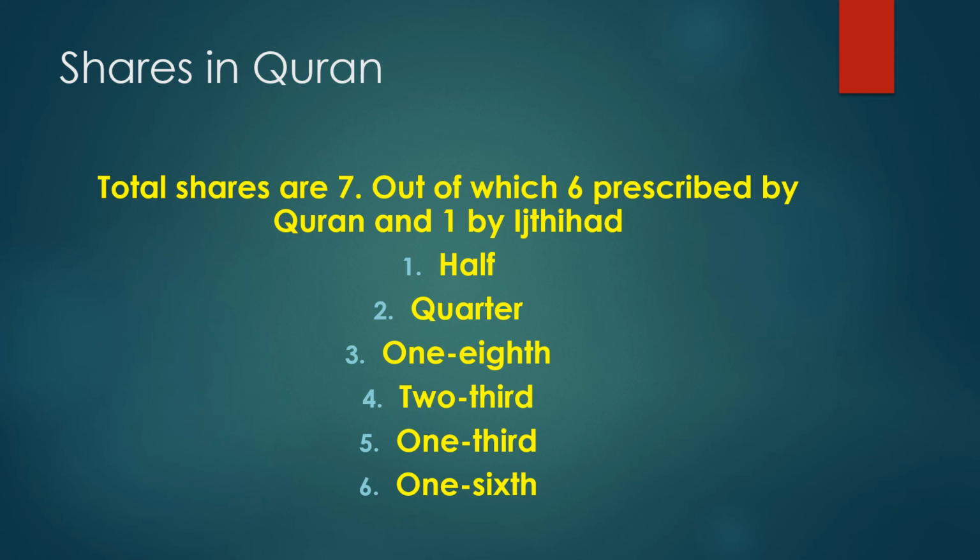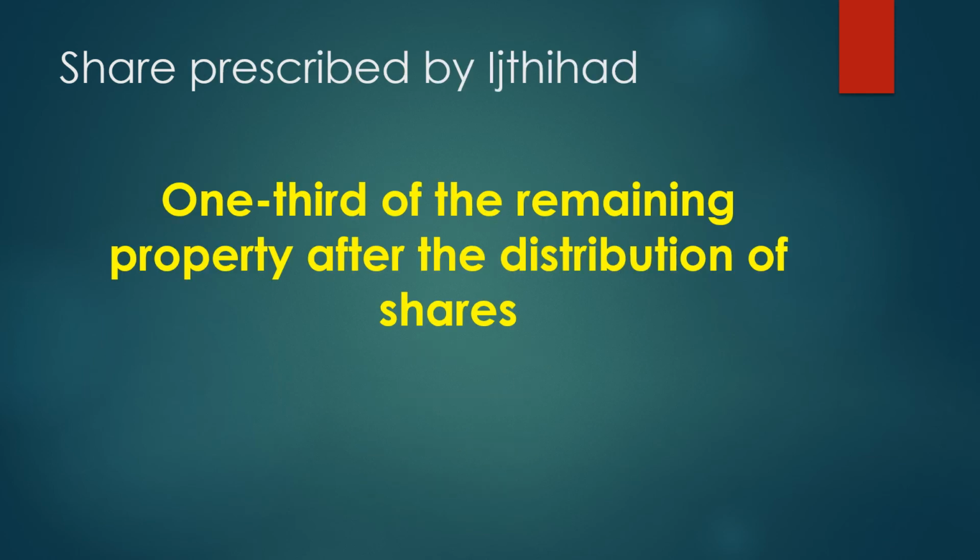These are the 6 shares prescribed in the Quran. The one prescribed by Ijtihad, in Arabic Thuluthul Baqi, in English one-third of the remaining property of a dead person, is the 7th one. Please be noted, there is no 8th one.